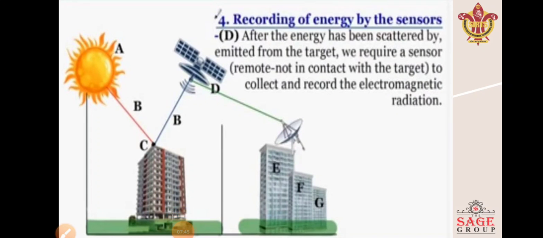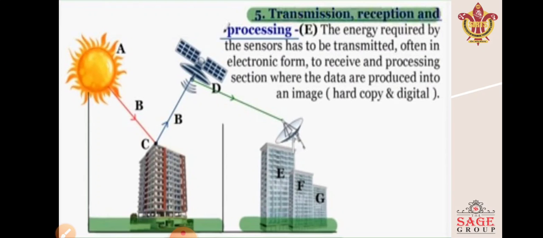Now you must have got clear what are energy sources, what are objects, and what are the sensors and how do they work. Now next step is transmission, reception and processing. The energy recorded by the sensor has to be transmitted, often in electronic form, to a receiving and processing station, where the data are processed into an image, in hard copy or digital form. The sensor has recorded everything and now sends it to our ground station.